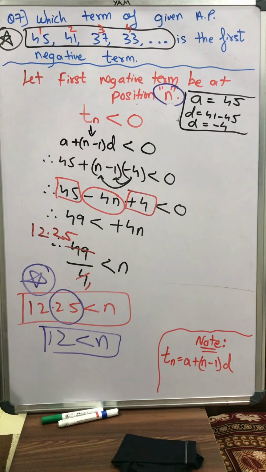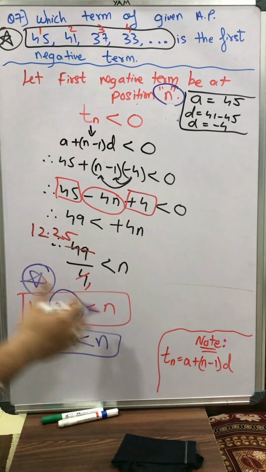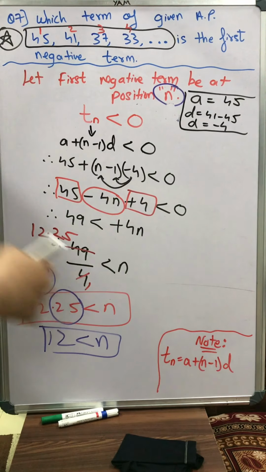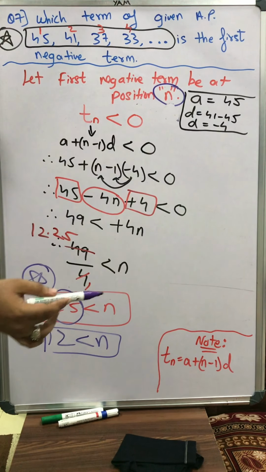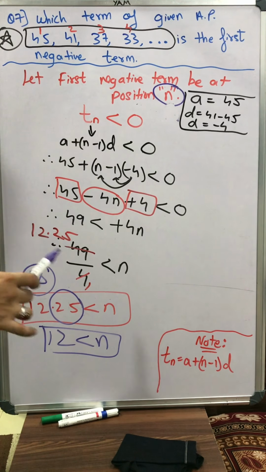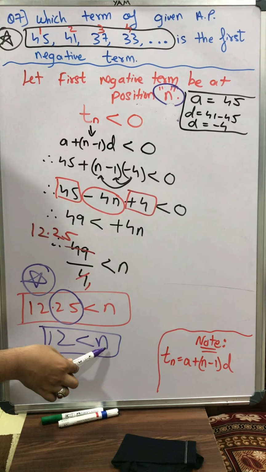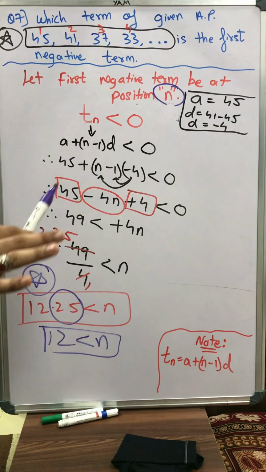That means all terms from the 1st to the 12th position will be positive, because the term at the nth position is my first negative term. So all terms whose position values are less than n, which in our case is 12, from 1 to 12, will all be positive.